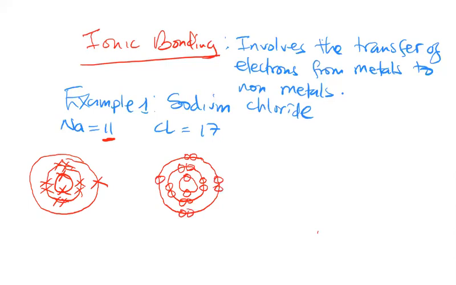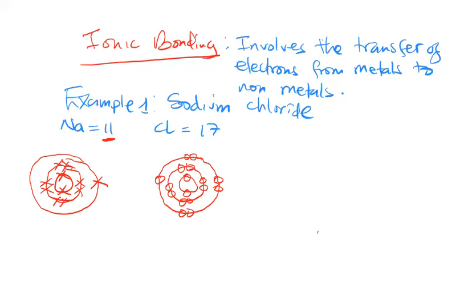But for a shell to be stable, it requires 8 electrons.